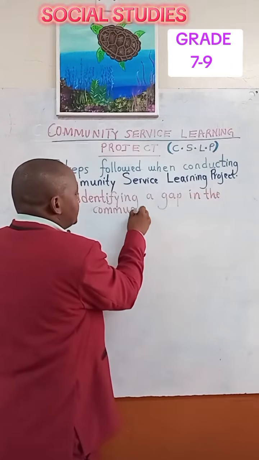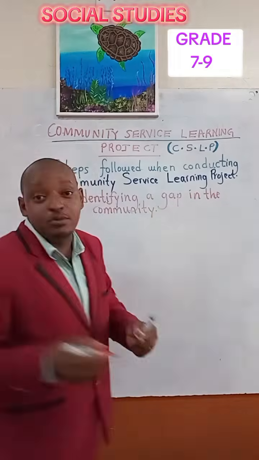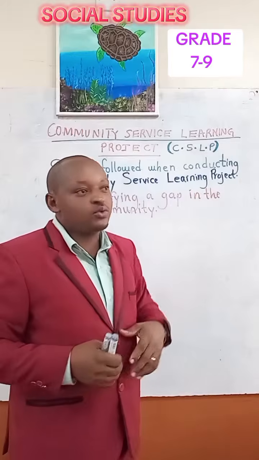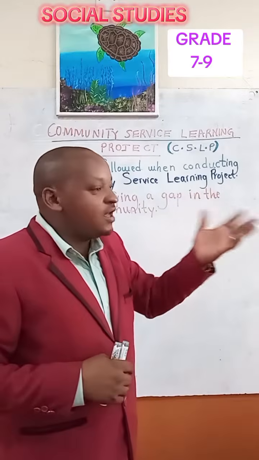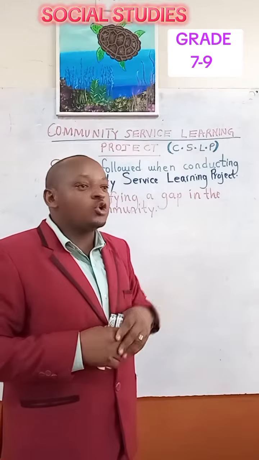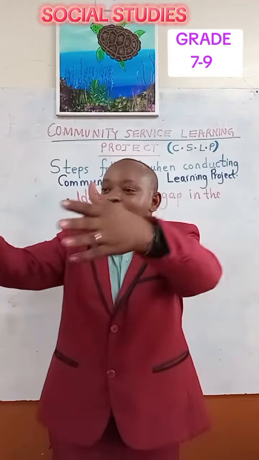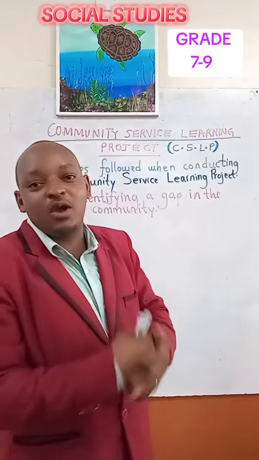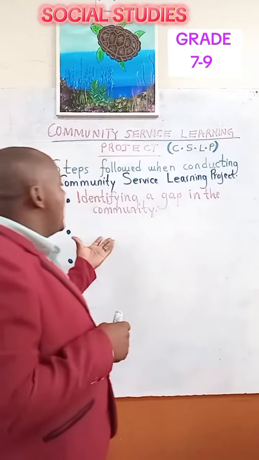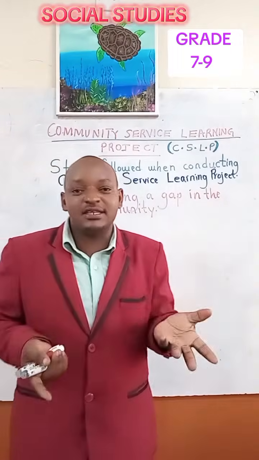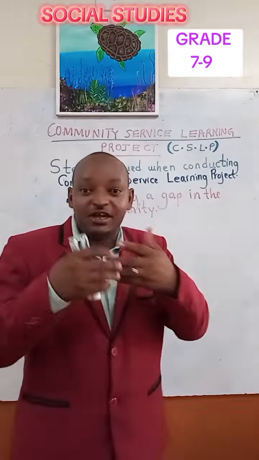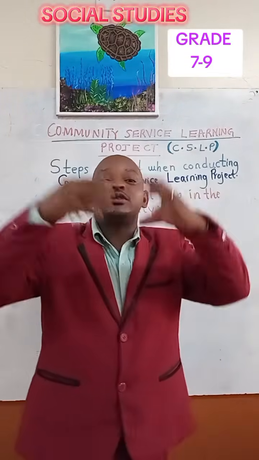Remember, we have various ways of identifying a gap in the community, such as giving out questionnaires to the people of the community. You give them questionnaires, they fill in. You can also do classroom discussions with your members. You discuss and then you come up. You can also do media analysis. And you can also do interviews, or a site visit.